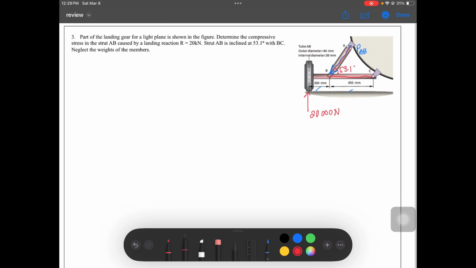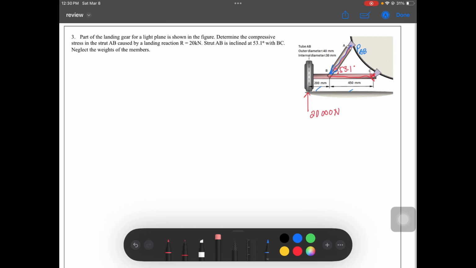Pwede tayong mag-summation of forces. Kaso, pag mag-summation of forces tayo, meron tayong point C, merong isang element dyan. Ibig sabihin, meron force na nasa member na to. So, magsa-summation of forces, and may madadagdag na unknown. So, maganda mag-summation of moment.